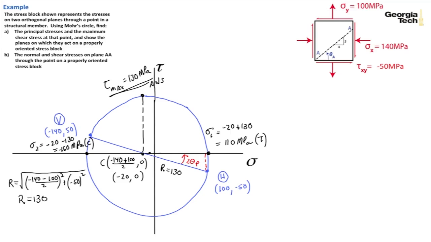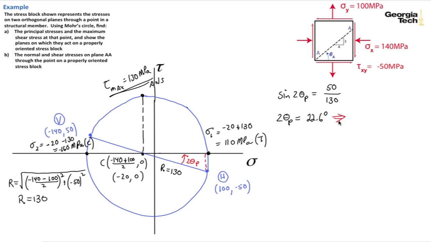The hypotenuse is 130, so I have sine of 2 theta sub p equals opposite 50 over hypotenuse 130, which means that 2 theta sub p ends up being 22.6 degrees.